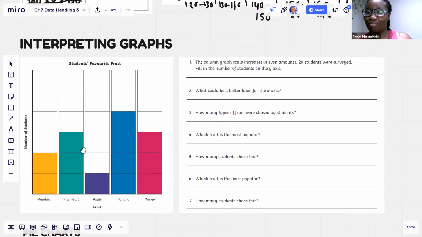Ma'am, it's a bar graph. Who said it's a bar graph? You're right, but you were supposed to raise your hand. Remember, Salamina? If they're not touching, if they've got spaces in between, then it's a bar graph. But if it's a continuous line, so each bar is touching the next one, then it's a histogram. Got it? Okay, cool.